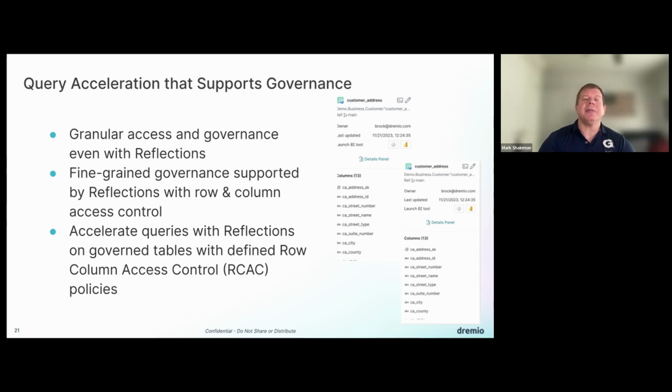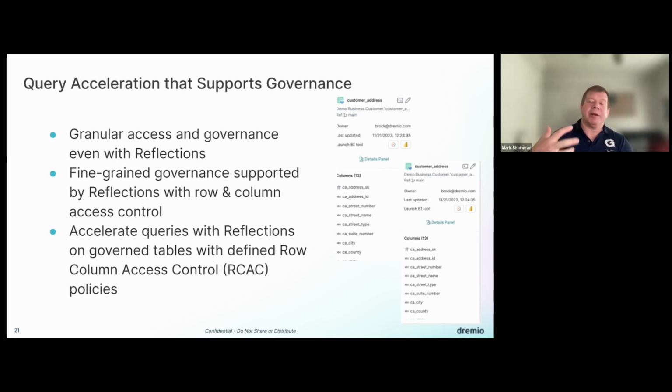One of the other things which is also new is granular access governance within Reflections. If you have fine-grained access on the underlying tables, so row or column level access, that is now brought up into and supported in the reflection as well.